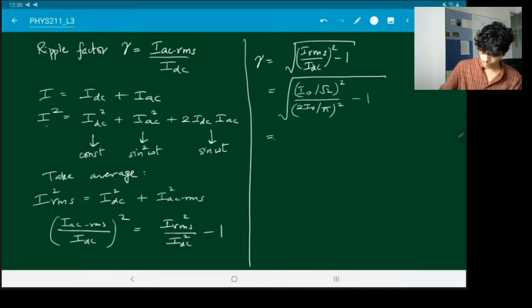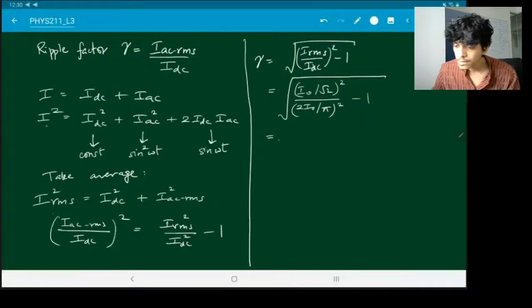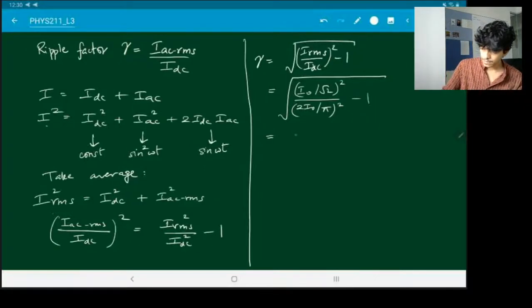And this, if you work out numerically, turns out to be something like 0.482. So that means 48.2% ripple factor.